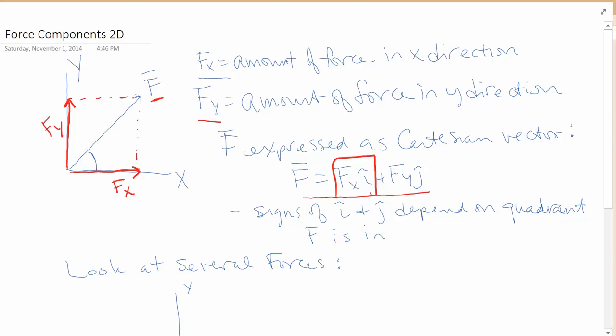Now for the y component, we're going to put the y component of force, F sub y, and we're going to multiply that by j, where j is the unit vector of the y-axis. Now in this case we were dealing with a quadrant that has positive x and y components. If we're in a different quadrant, the signs of our unit vectors will change.